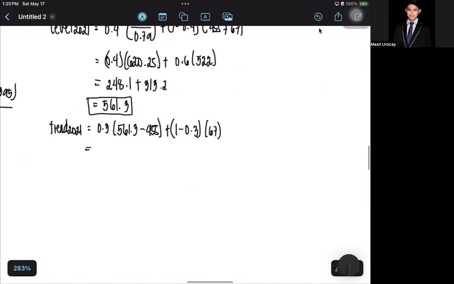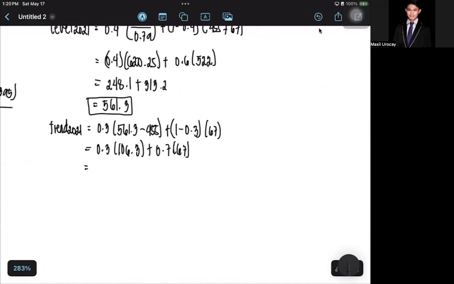And then what is going to happen right now? 61.3 minus 455 will equate to 106.3. So put it again, 0.7, then 67.